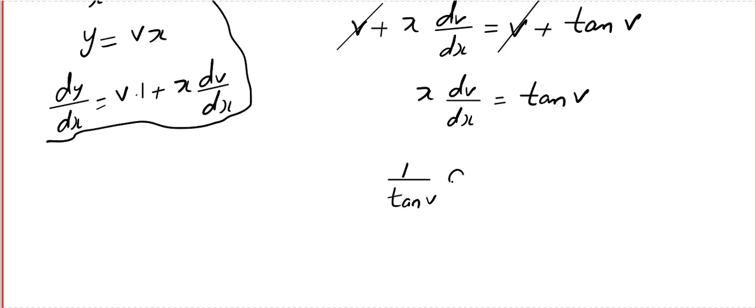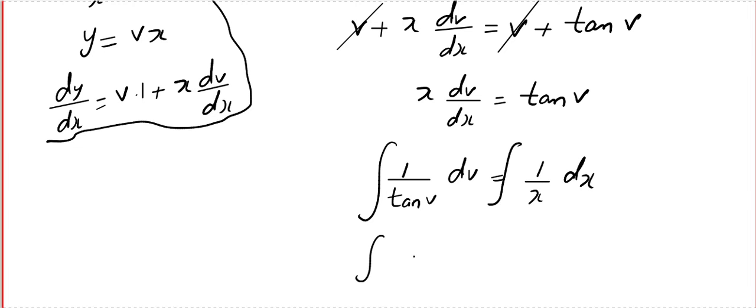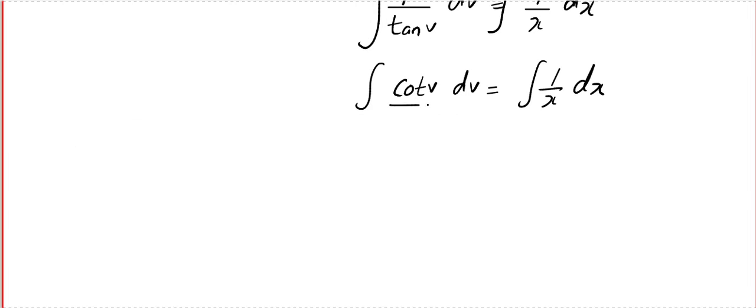1 by tan v dv, integrating. What is 1 by tan v? Okay, cot v. The integration is log sin v is equal to log x. You can write log, no problem with that.